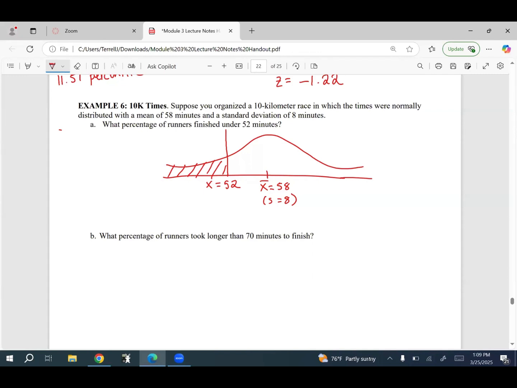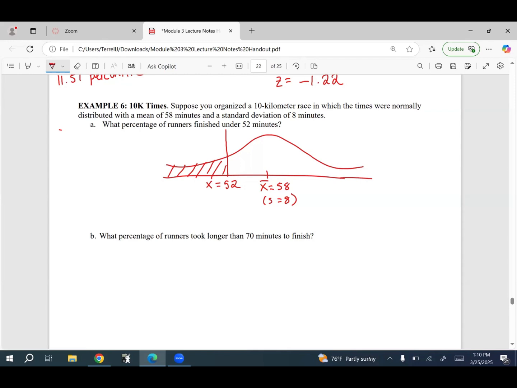Now, 52 is not exactly one standard deviation below the mean. How do I know that? If I did 58 minus 8, I would get 50, which would be exactly one standard deviation. But I need to look at 52 and below.